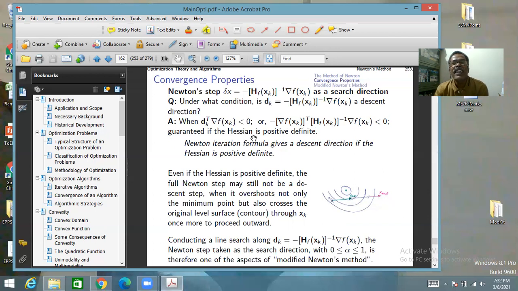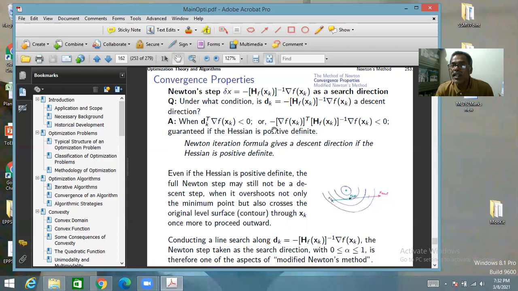Now you say that if the Hessian is positive definite, then its inverse is also positive definite. Then any vector transpose that matrix into the vector will be positive, except for 0, which is not the issue. And then this negative sign will ensure that this whole thing is negative.